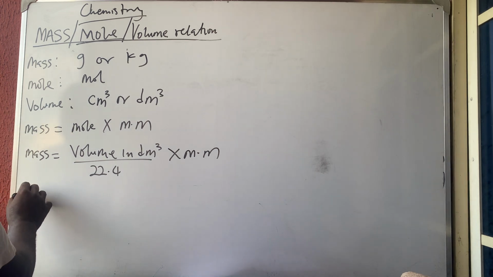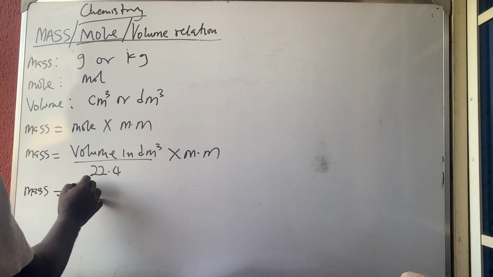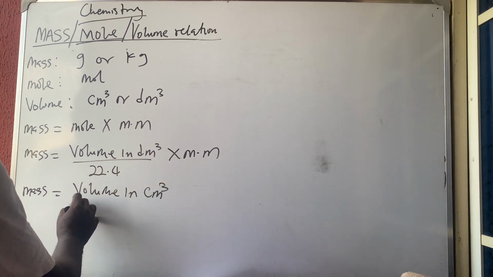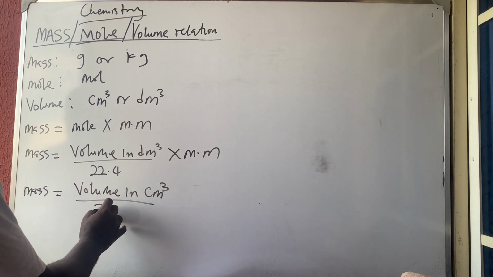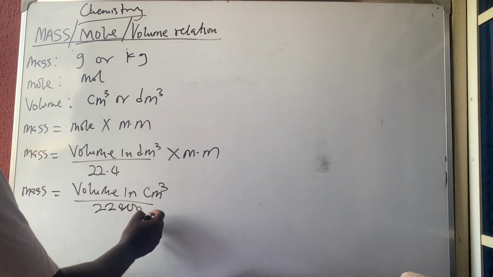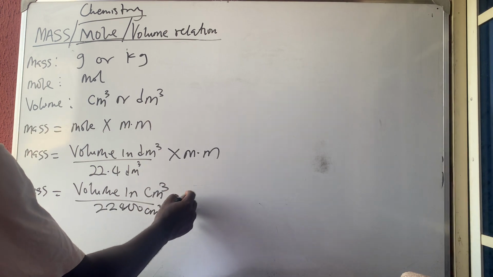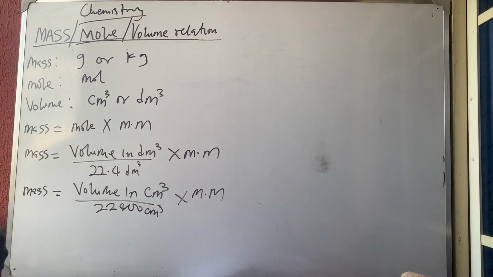So another way to get mass is that mass is volume in cm cube all over 22,400, times molar mass. This one is dm cube, this one is cm cube.